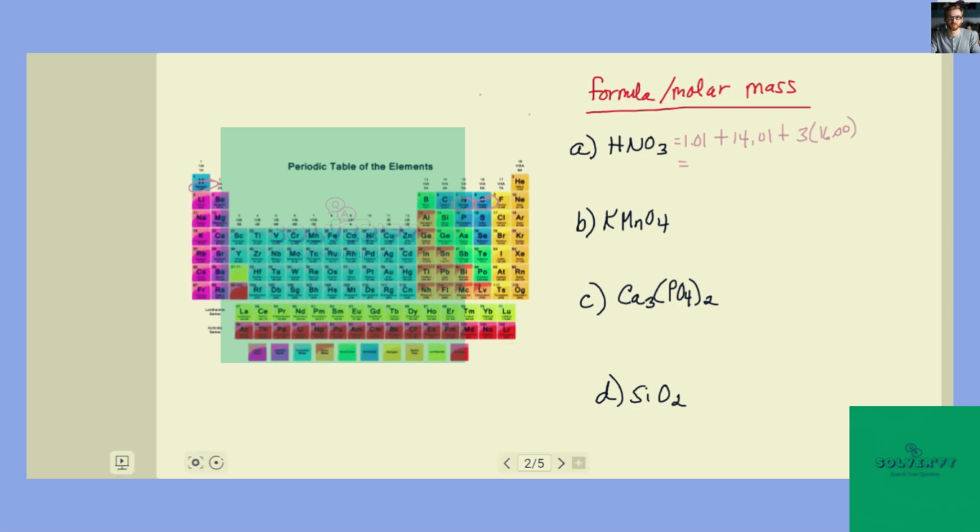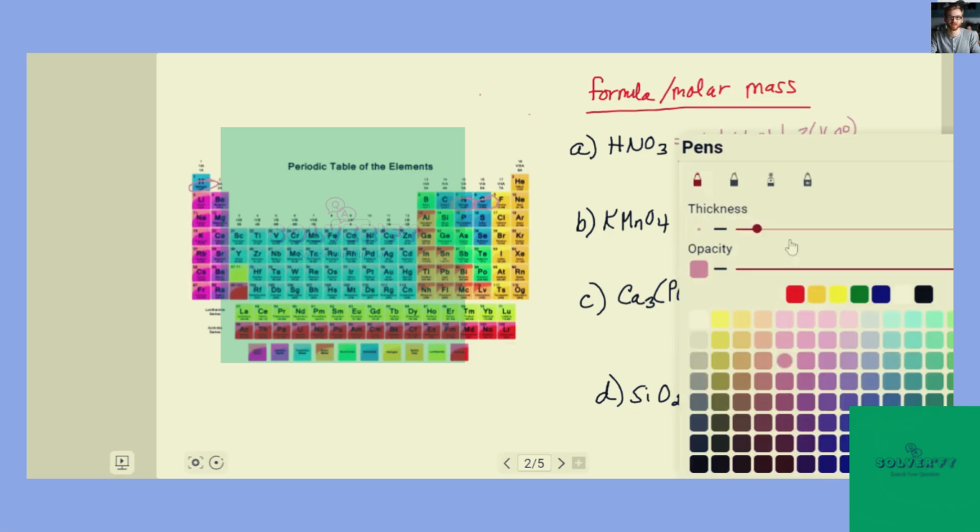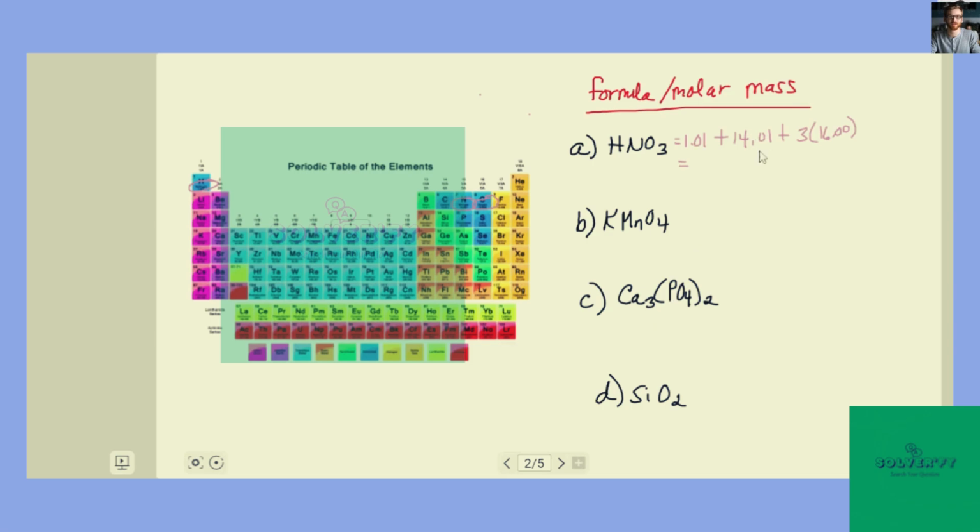We're going to add all of these up, and that's going to give us our overall formula mass for the compound. So for nitric acid, that's going to be 63.02 grams per mole. And generally speaking, reporting molar mass to the hundredths place in terms of accuracy, unless you're told otherwise, is a pretty good rule of thumb to follow.